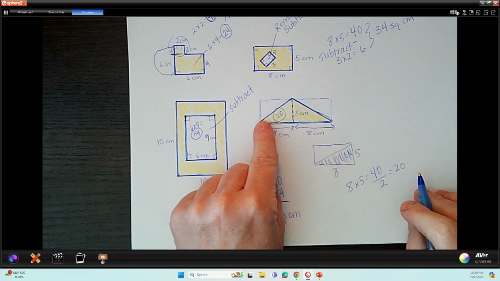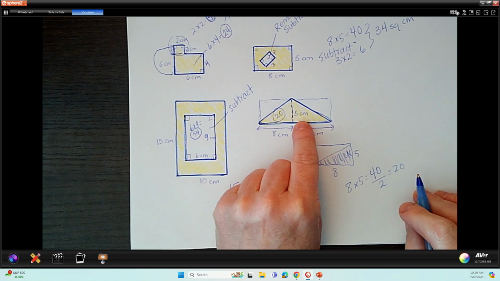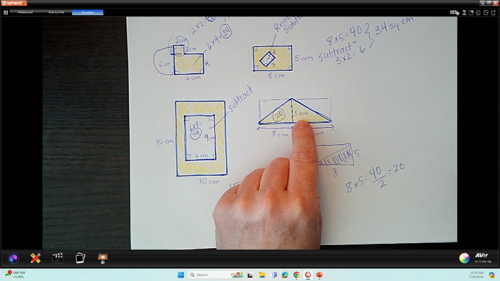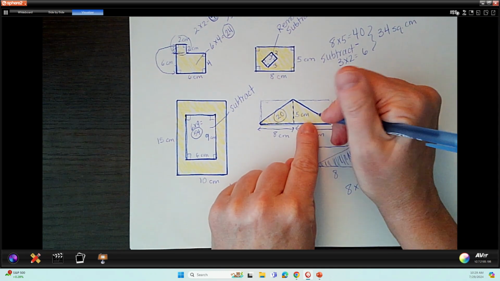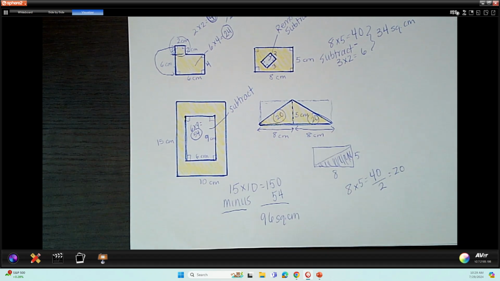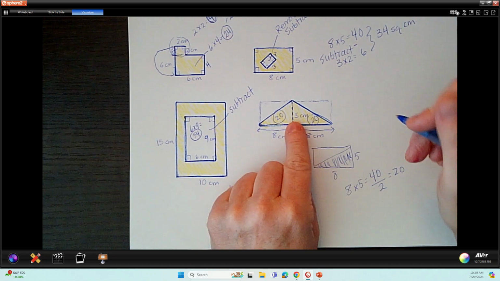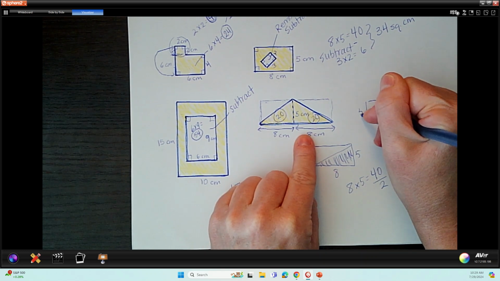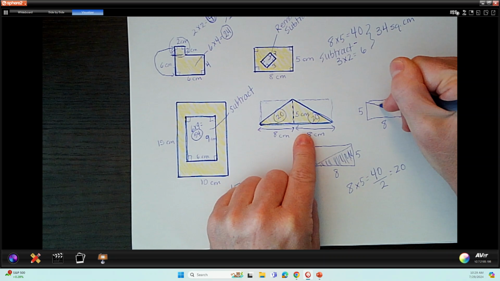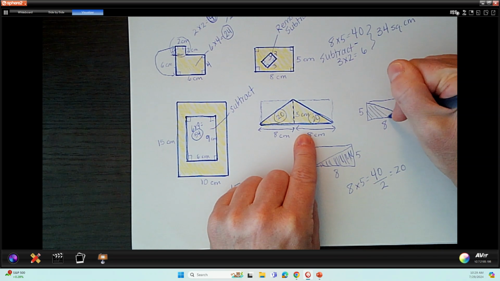And because these are two of the exact same triangles, I don't have to do the math again. I mean, I can, but I can just take 20 and add another 20, and together that makes 40. See that? And again, I can remove this one so you can see it. Here's the 8, here's the base and the height, here's the triangle, right? I just want this side.